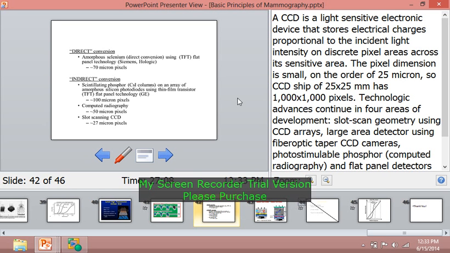But in indirect, the scintillator phosphors, the X-ray information is first converted into light photons, then again into the electrical signal. So in direct conversion we have amorphous selenium, which is a semiconductor, and using thin film transistor or flat panel technology, using Siemens or Hologic, we can do this process.